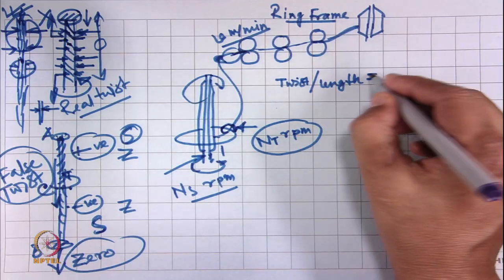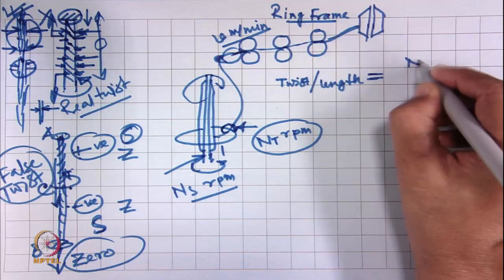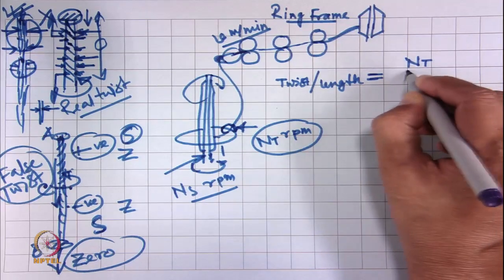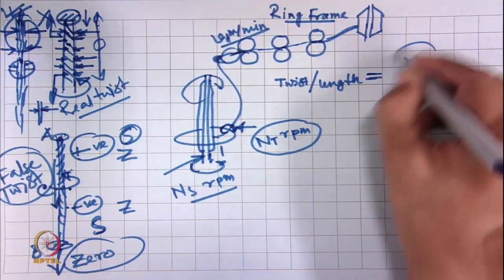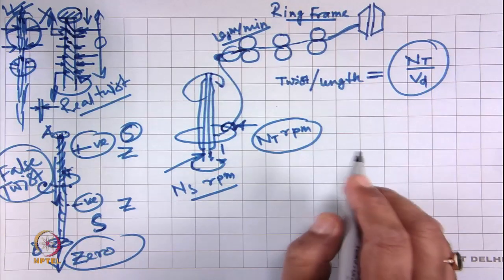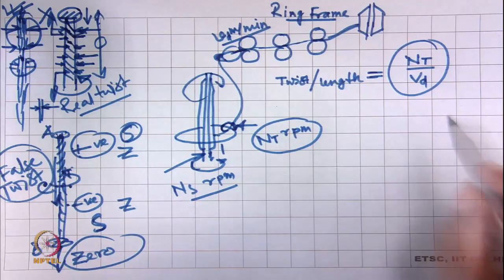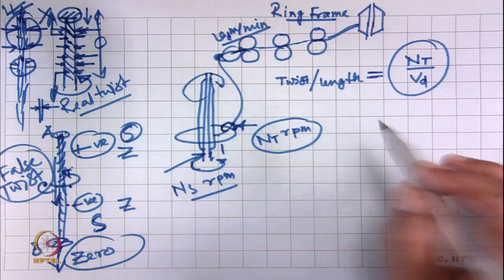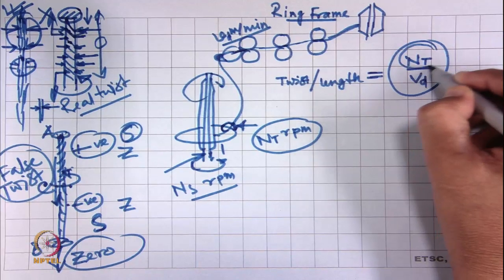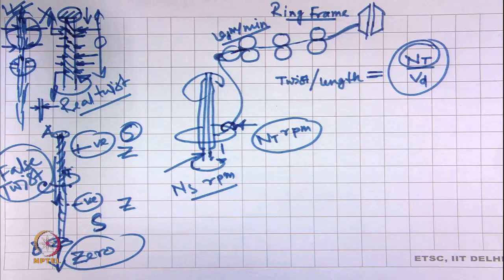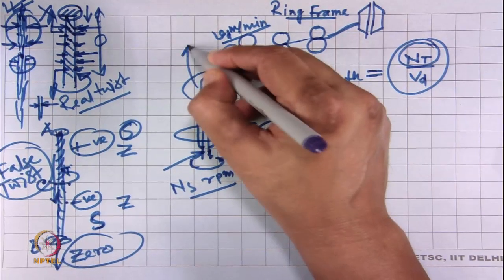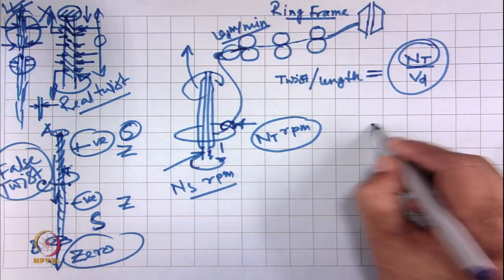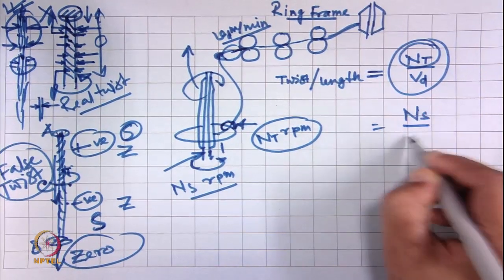So, it will be n_t by V_d, the delivery rate. So, n_t by V_d is the actual twist imparted per unit length, but for all practical purposes, n_t actually varies, and after unwinding from this package, it becomes n_s by V_d.